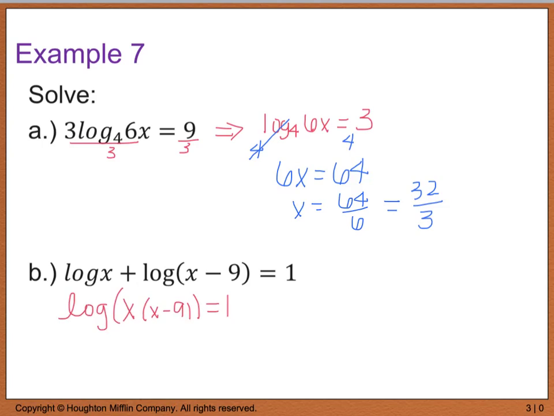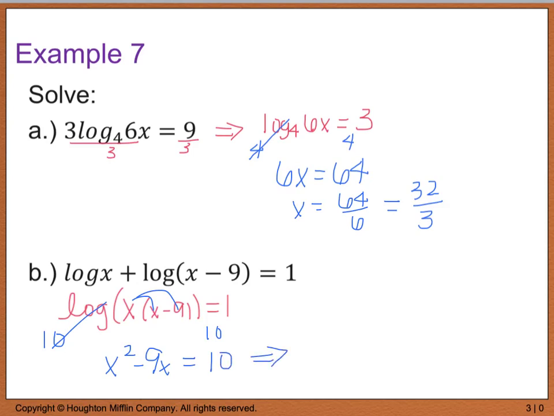So if I exponentiate everything, I'm going to say 10 to the log base 10 equals 10 to the first. The 10 to the log base 10s are going to cancel, and I'm going to be left with x squared minus 9x, and all I did was distribute that x, equals 10 to the first, or 10.